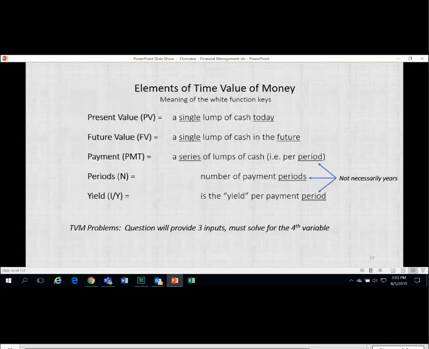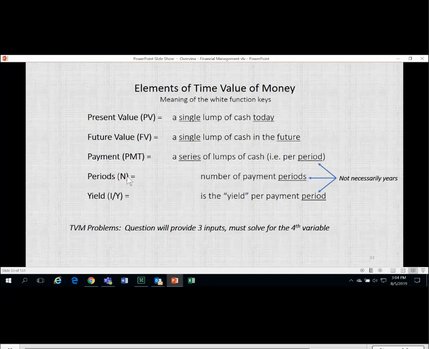So another way to look at it, present value is a single lump of cash today. Future value is a single lump of cash received sometime in the future. Now here's the difference. Payment is a series of lumps of cash. That is, you're receiving a lump of cash each period for a number of periods. 5 periods, 10 periods, 20 periods. How many periods?